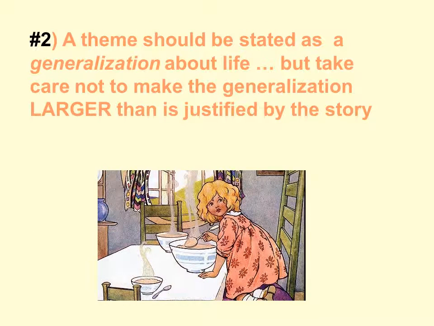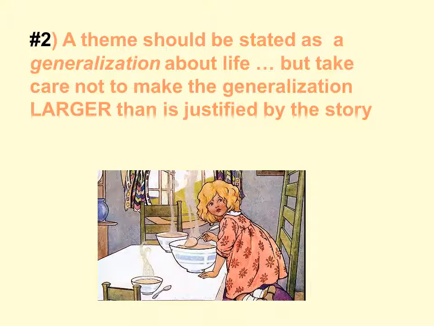Here's another principle. I call it the Goldilocks principle, and there's a little image of Goldilocks. You want to make sure that your statement of theme is a generalization about life, but it can't be so large that it's attempting a universal. It can't be so narrow, though, that it could only really be justified in that one story.